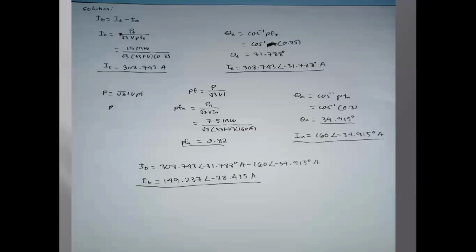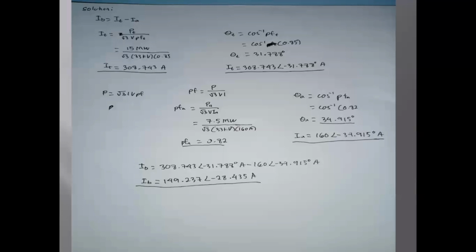Now for IA, the missing value is theta. The formula is P equals square root of 3 times V times I times PF. We cross multiply, so PF is equal to P over square root of 3 times V times I. For alternator A, PF is equal to PA over square root of 3 times V times IA. PA is 6 megawatts over square root of 3 times 33 kV times 160 A. So the power factor is 0.2.